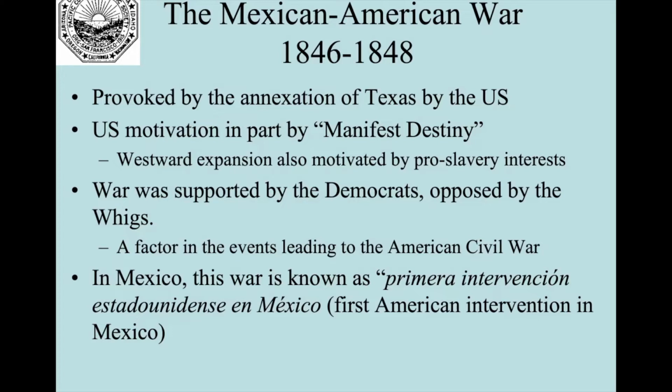The Missouri Compromise was part of that. Oddly enough, given today's kind of politics, this war was supported by the Democrats and opposed by the Whigs, and the Whigs, of course, were the ones who became the Republican Party. And this was really all related to what was coming, which was the American Civil War. But that's on the U.S. side.